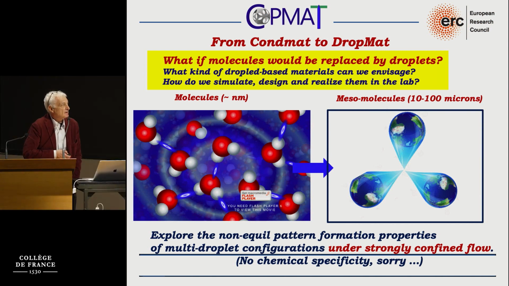In any case, in the beginning, and I'm talking 5 years ago, the question was, how do we describe numerically multi-droplet configurations under strong flow and under strongly confined flow. I think you can easily imagine that it's very hard to do quantitative analytical work under these circumstances. So that was the main aim of the project.